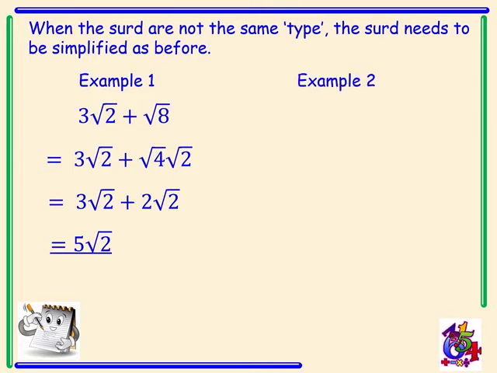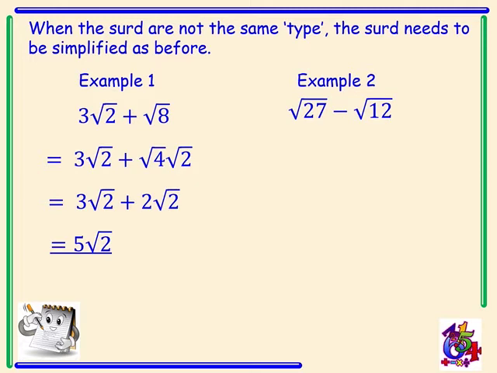Example 2. If we have root 27, subtract root 12. And here both of these surds are different, therefore we cannot subtract them. But we can simplify them to see if that will enable us to subtract them here.